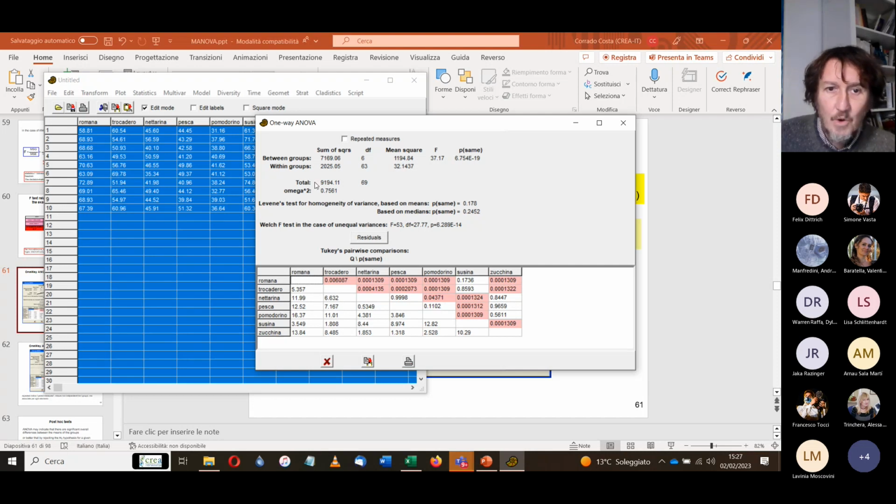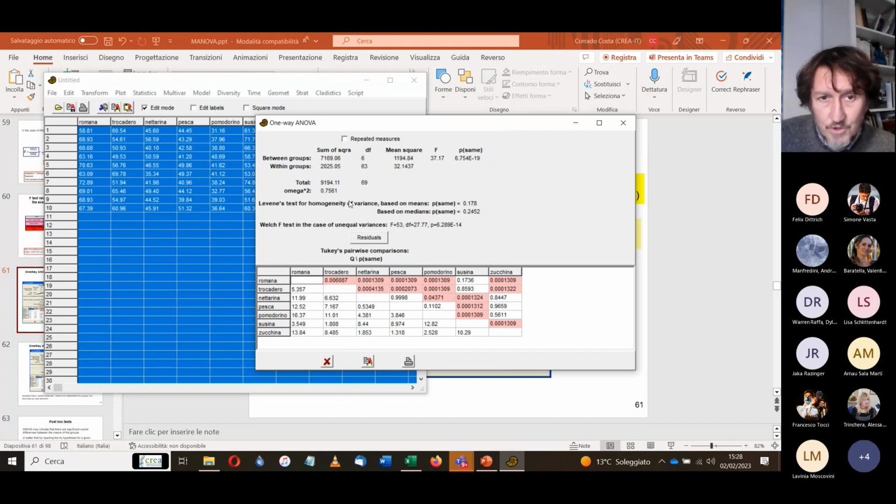To understand why this is rejected, we have to look at the post-hoc test. First of all, unfortunately, PAST is not well organized because we have tested the normality before, then we have to test the homoscedasticity.